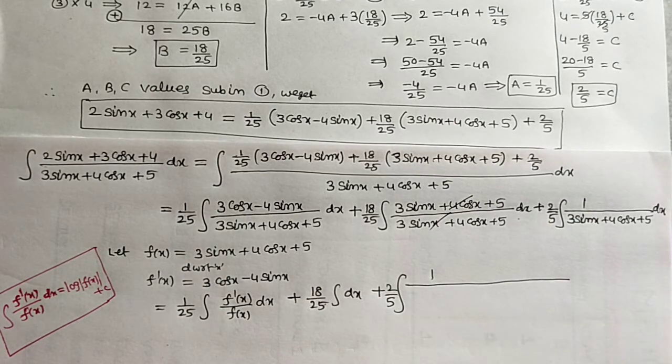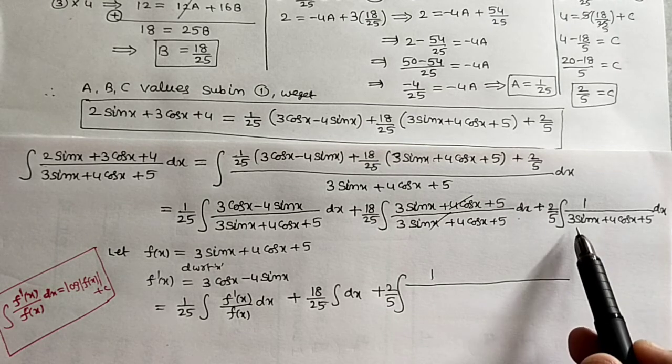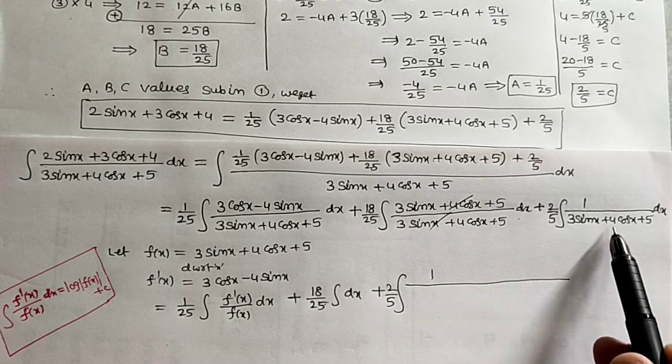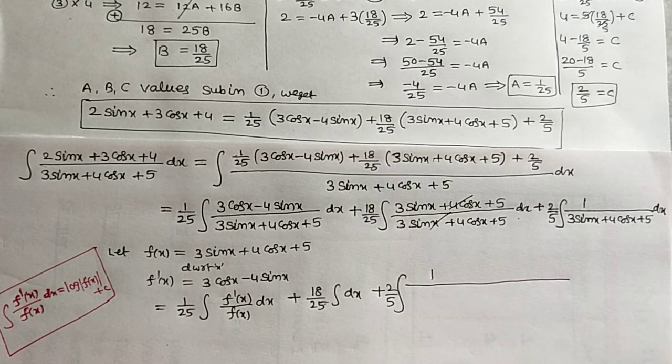In the previous sessions we discussed that whenever it is in the form of a cos x plus b sin x plus c, sin x and cos x in terms of tan x by 2 you have to write. So sin x and cos x values in terms of tan x by 2.